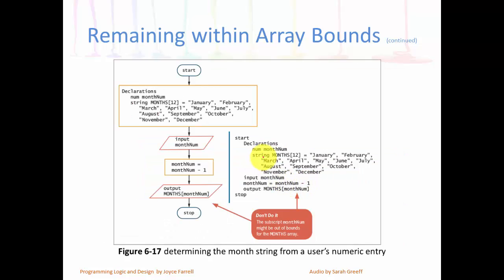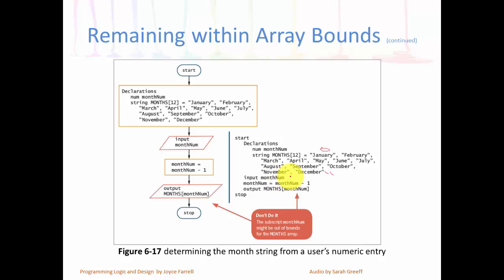Let's recall this program. We've got our string of months, and remember our months start from 0 to our last month, which is 11. What the program is doing here is going month num minus 1, so he's making sure that we include the correct month, because the user is inputting the month number.